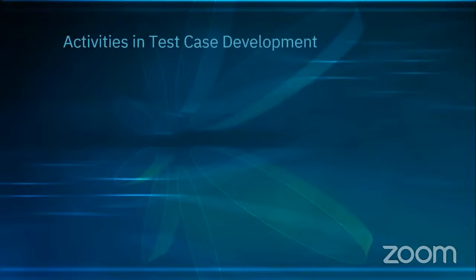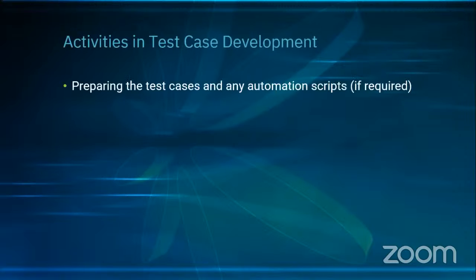So let's take the activities of test case development. So the first activity, preparing the test cases and any automation script if required. The test case we're talking about here is the manual test case. So in my next class, I expect you to come in here with your Excel. That's a spreadsheet. Just your Excel sheet is what you need.